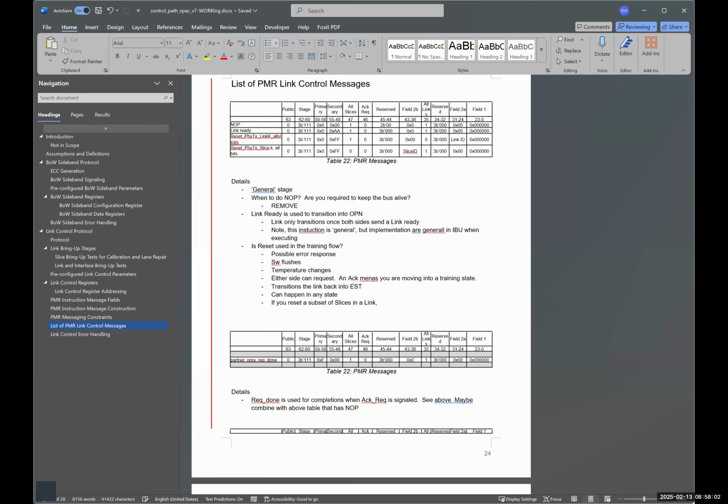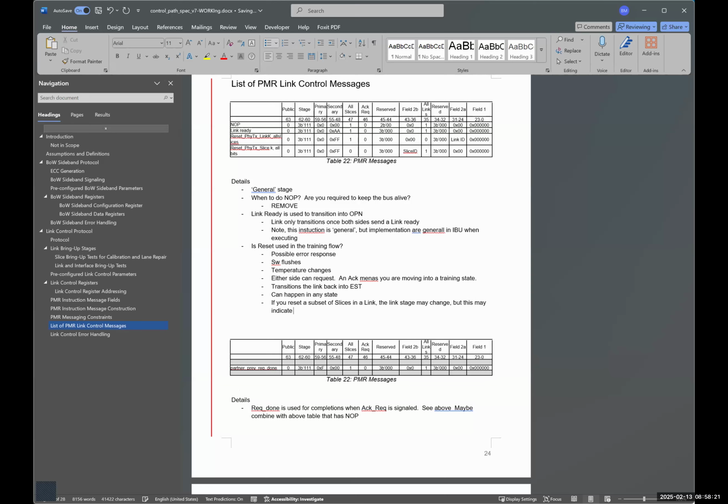If you reset a set of sub slices in a link, the link stage may change, but this may indicate, let's say, training can be skipped on the unreset slices, possibly. Does that make sense? I'm not even sure how you would use that.